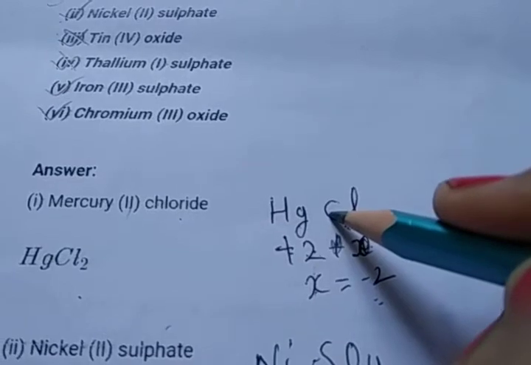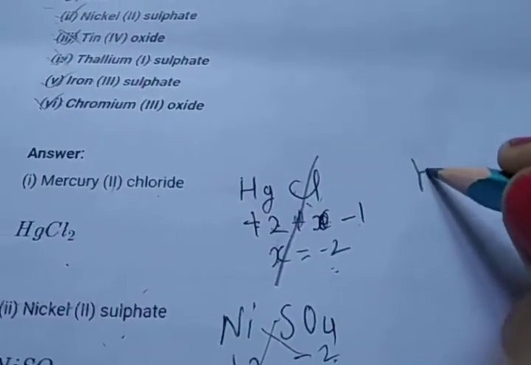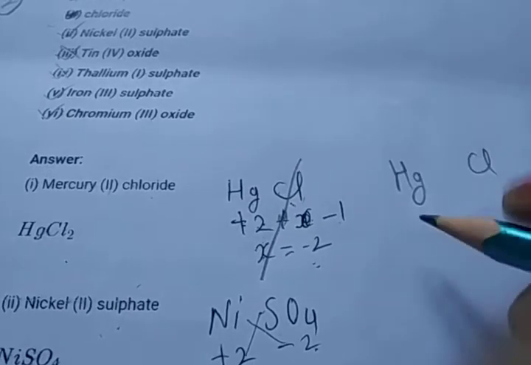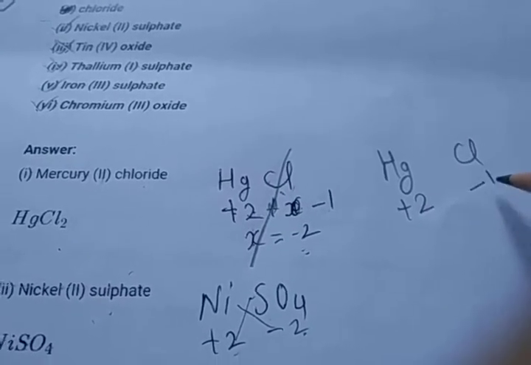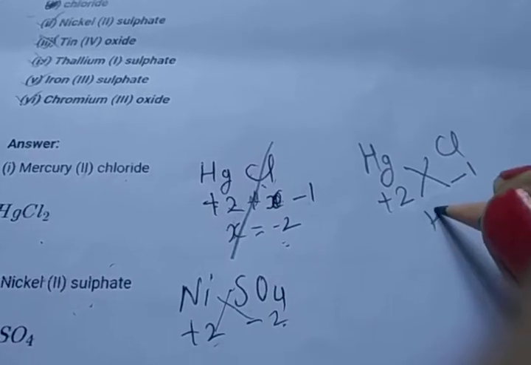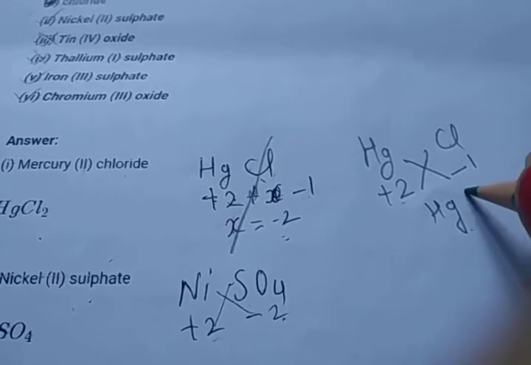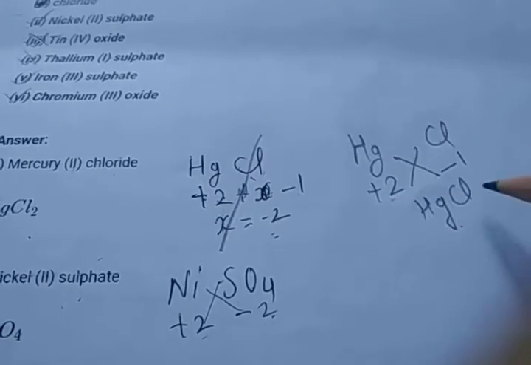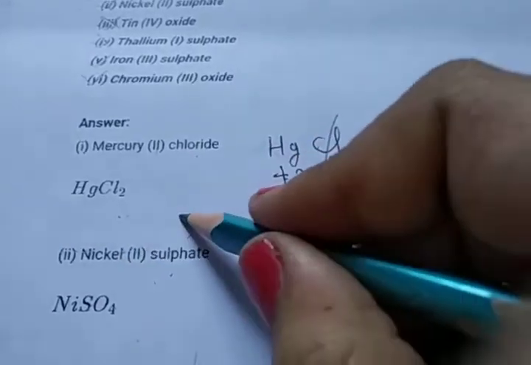So cross multiply: the Cl valency 1 goes to Hg, and the Hg valency 2 goes to the downside of the Cl. So the formula is HgCl2.